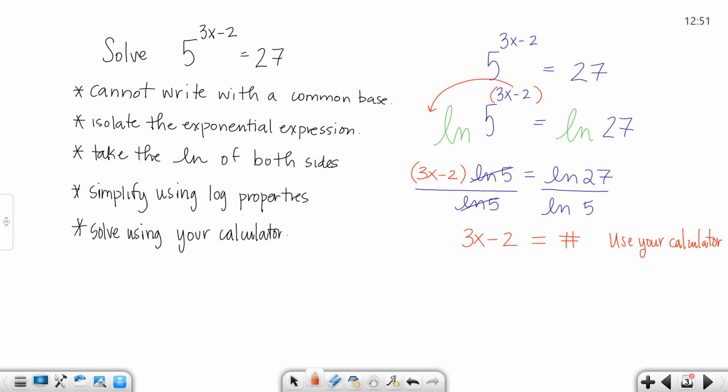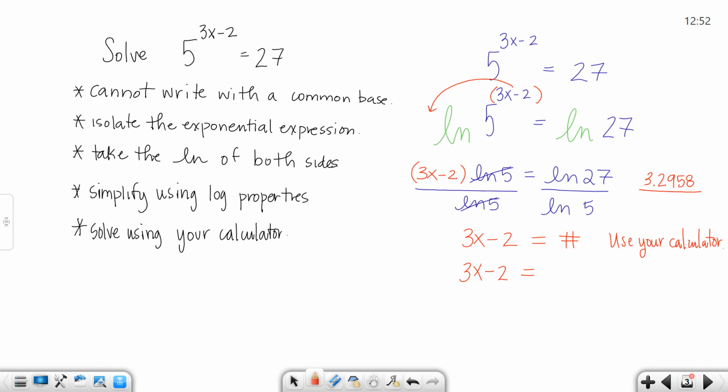Okay, so you have these calculators that you need to use. Remember, it has to be one of your allowed calculators. So you need to enter in the natural log of 27 divided by the natural log of 5. Okay, so you just have to practice until you know how to do it on your particular type of calculator. If you need help, of course, you can always call me. So the natural log of 27 is 3.2958.